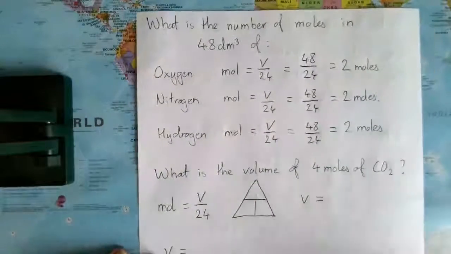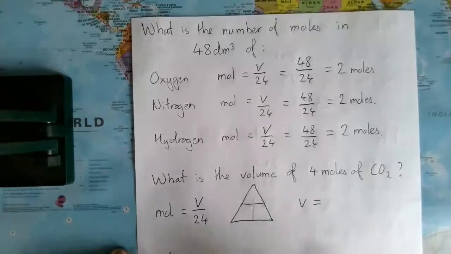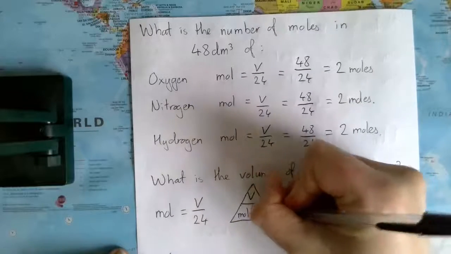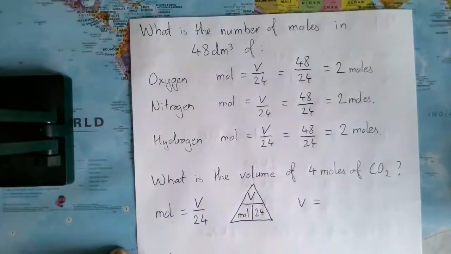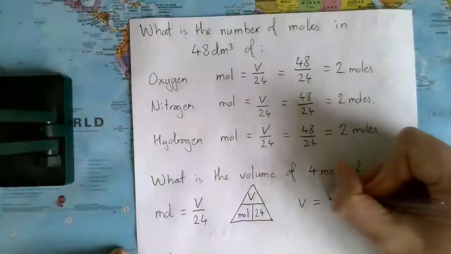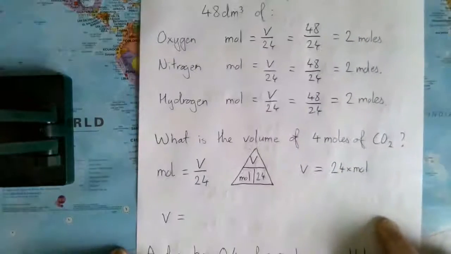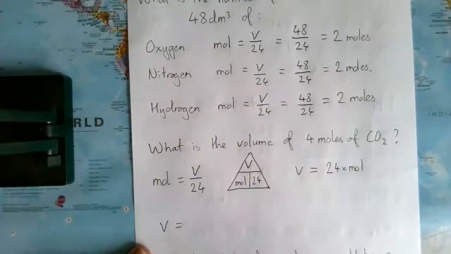Okay, they might twist it round on you. Here is our equation. We're going to put it into the triangle. Sample volume on the top, number of moles, and 24 down below. See if you can take a moment and rearrange it. The volume is 24 times the number of moles. So if you want to take a moment and see if you can do the question, what is the volume of 4 moles of carbon dioxide?